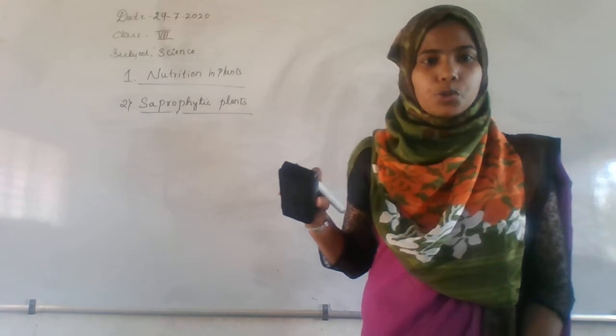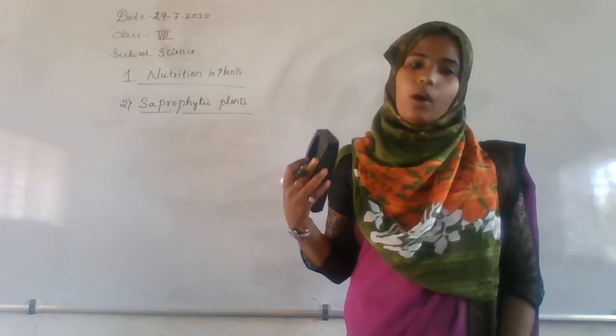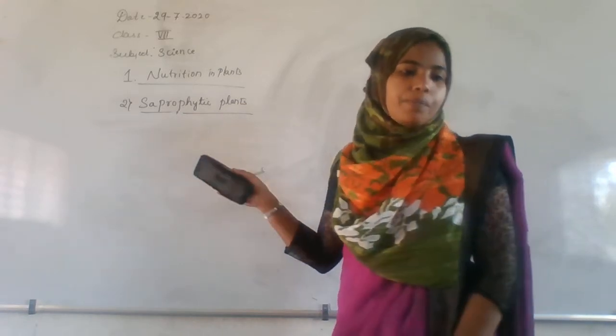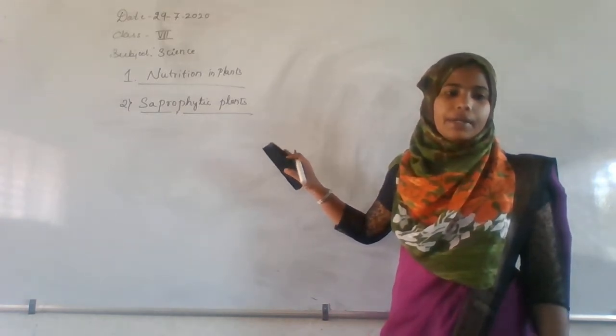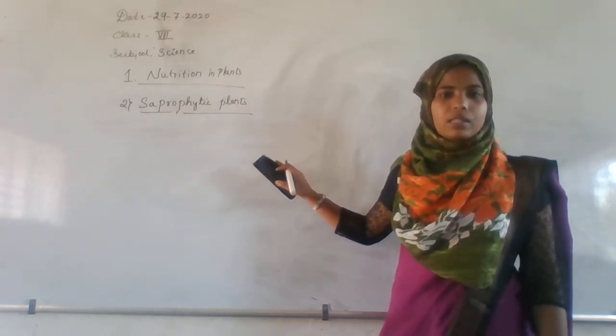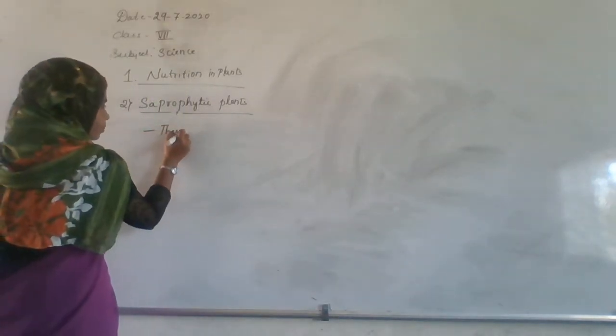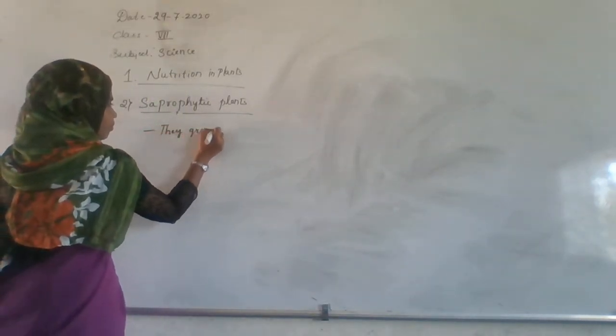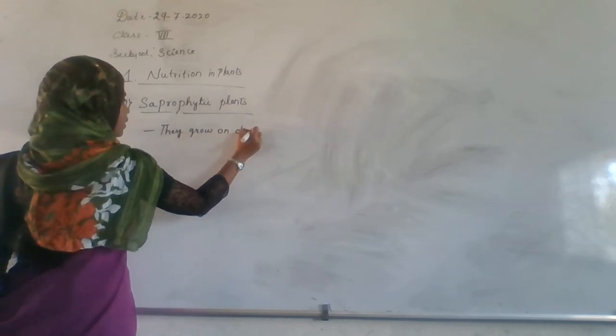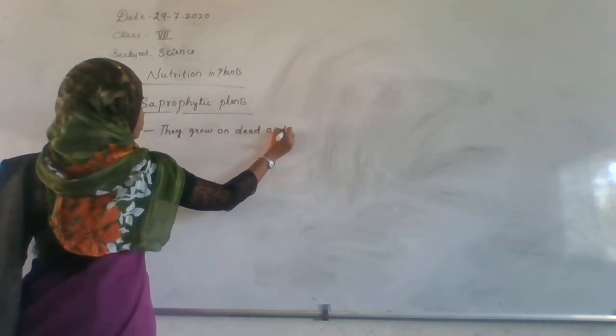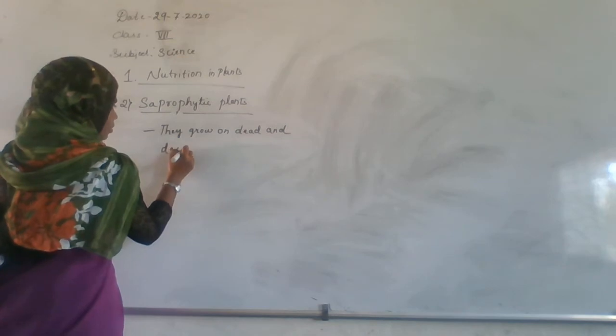Organisms like mushrooms, molds, yeast or fungi, which grow on dead and decaying organic matter, are called saprophytic plants. They grow on dead and decaying matter.